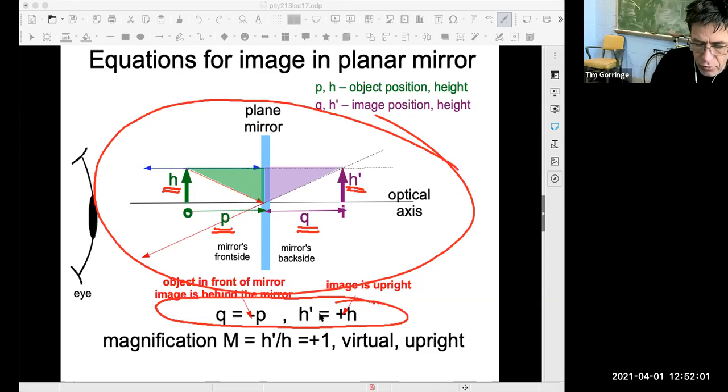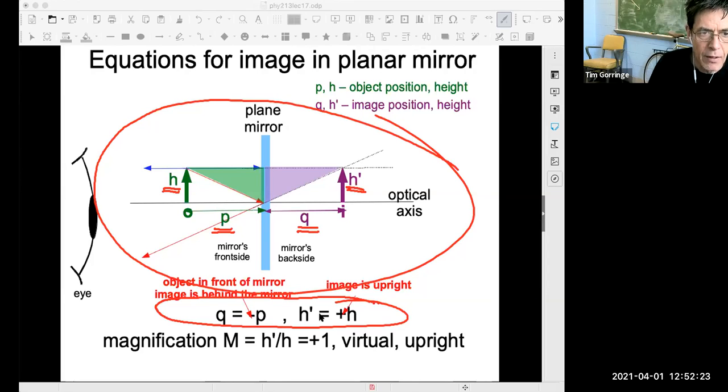H prime equals plus H. That's saying that the height of the image is the same height for a planar mirror as the height of the object. And the plus sign there is saying that the image is the same way up in the planar mirror as the object.